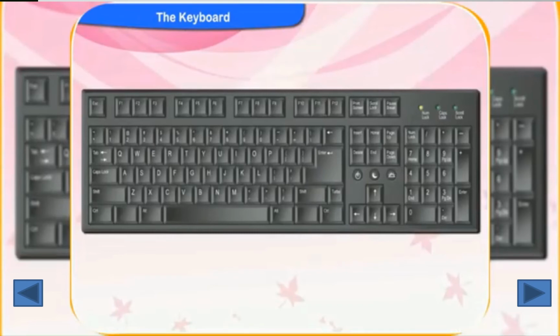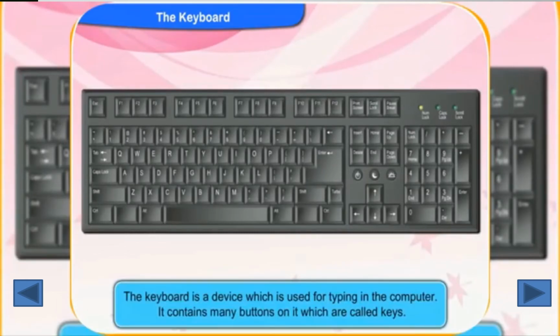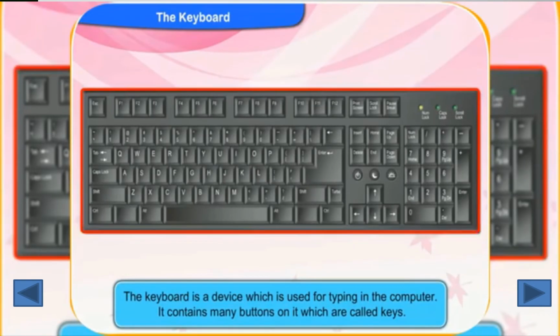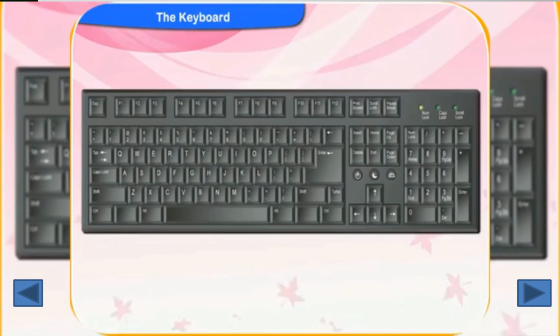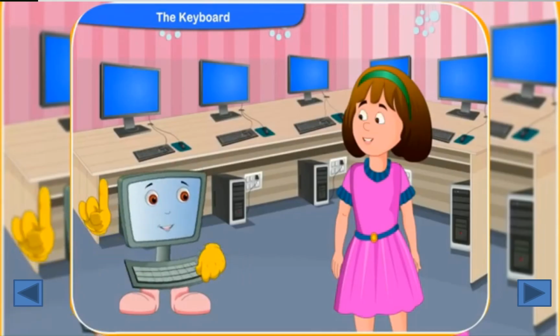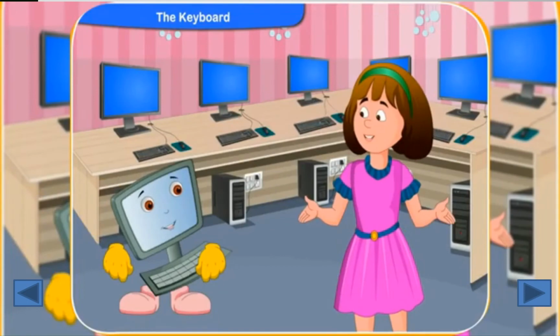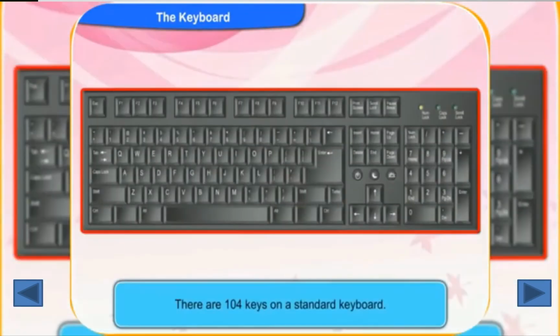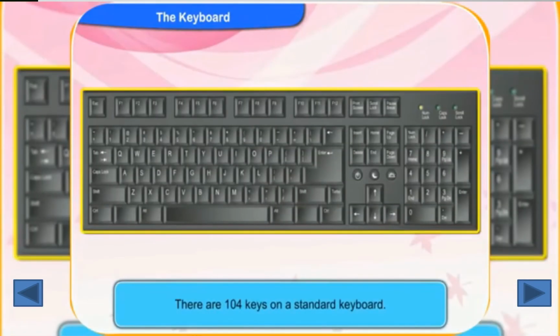Well, the keyboard is a device which is used for typing in the computer. It contains many buttons on it, which are called keys. Do you know how many buttons are there on a standard keyboard? Well, no. There are 104 keys on a standard keyboard.